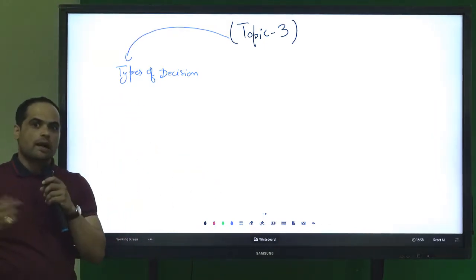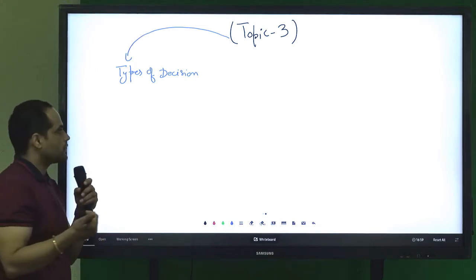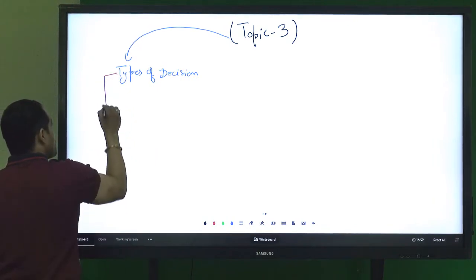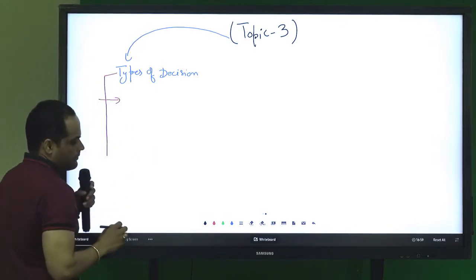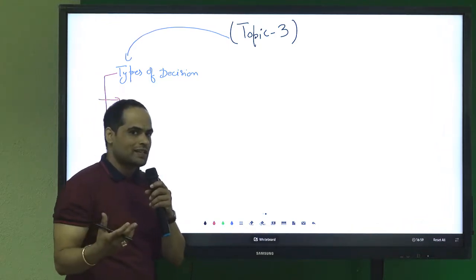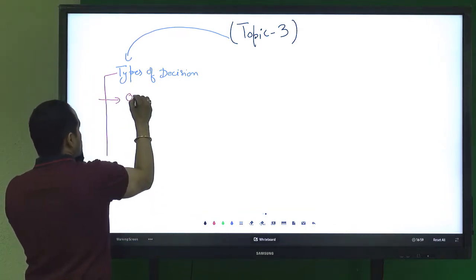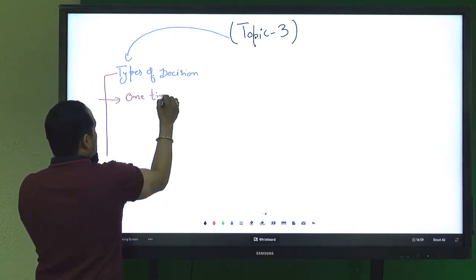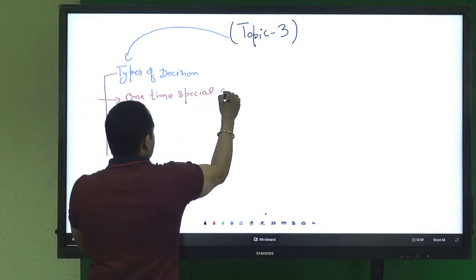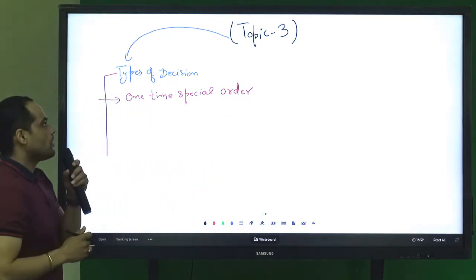Types of decisions that a company needs to make by using the relevant information. The first decision that we have to make in an organization is a one-time special order.